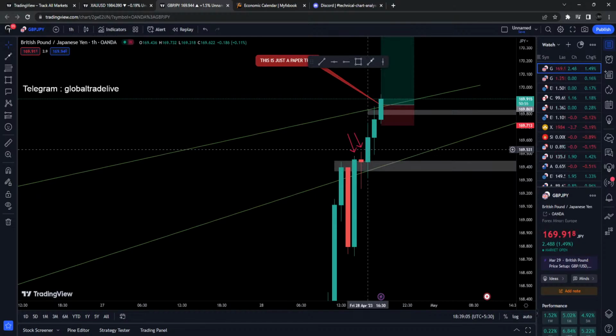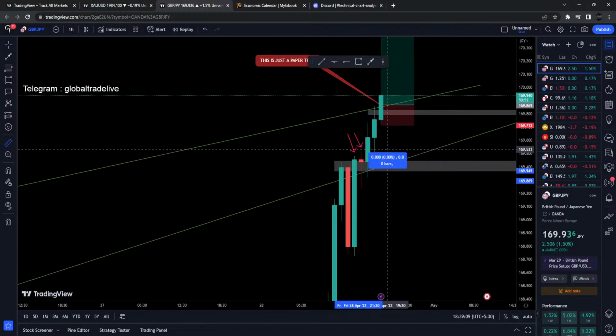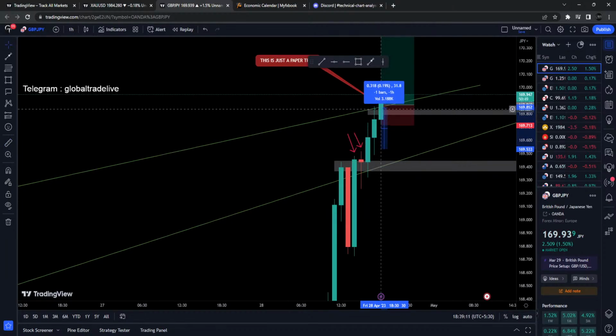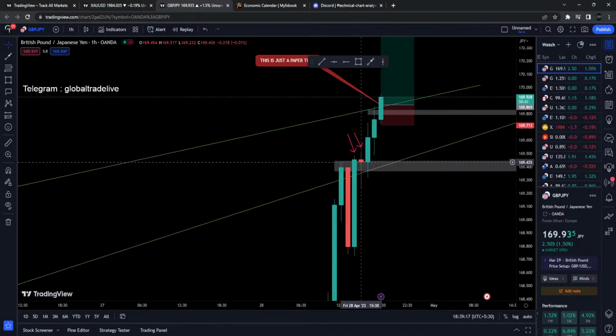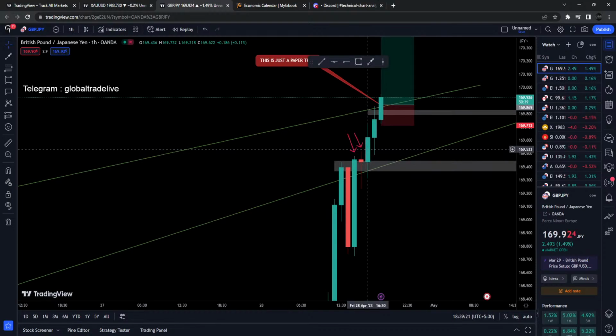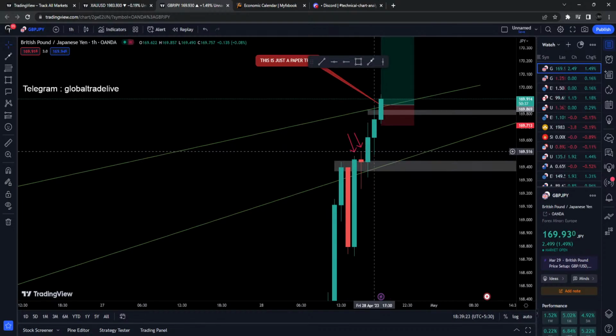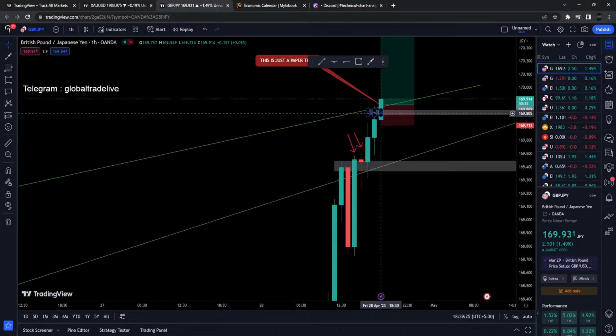So that could be your second entry, and look what happened after that. It just went all the way up without any problems. So even if you have managed your risk in your first trade, then you could have won profits in your second trade, because it went really like a normal thing.